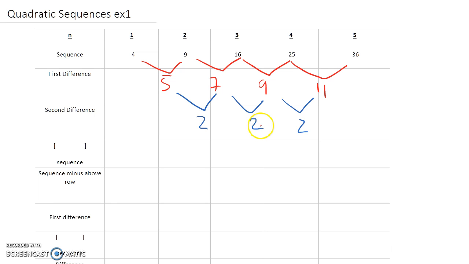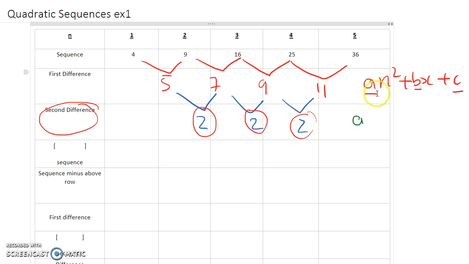But what does this actually mean in the context of our question? The reason this number is important is one of two reasons. One, it tells us that it is a quadratic because the second difference is constant. If the second difference is constant, it is a quadratic sequence. The next thing to consider is the form we looked at before, an squared plus bn plus c.